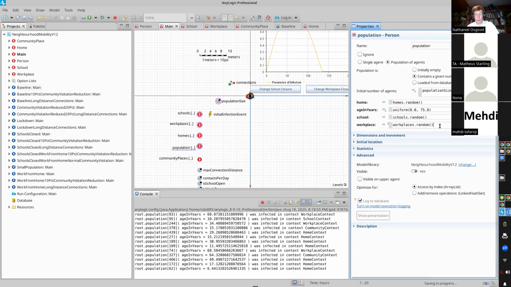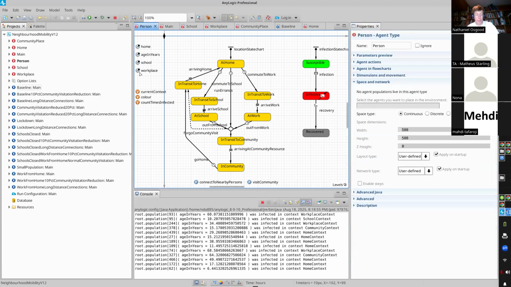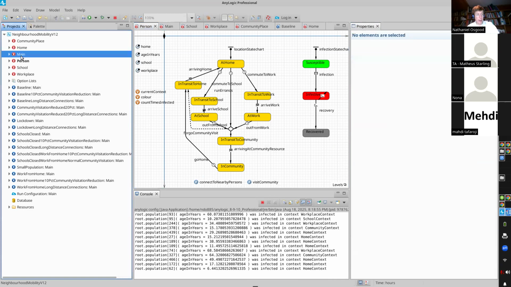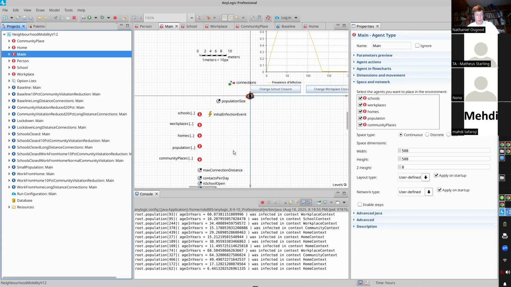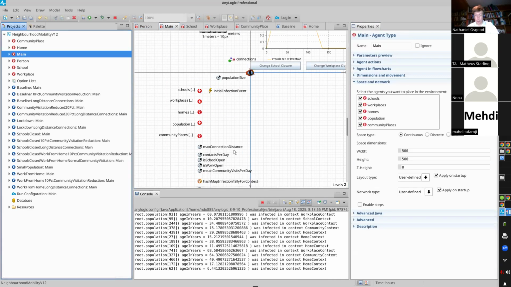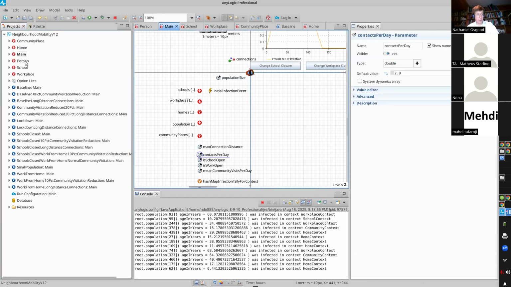How to get their workplace, to fill in the assumptions that have to be specified for them. So there we go. And then by the same token, if we have main and it has certain parameters like the contacts per day to assume in the model, that's specified by the scenario, because the thing that creates main is the scenario.